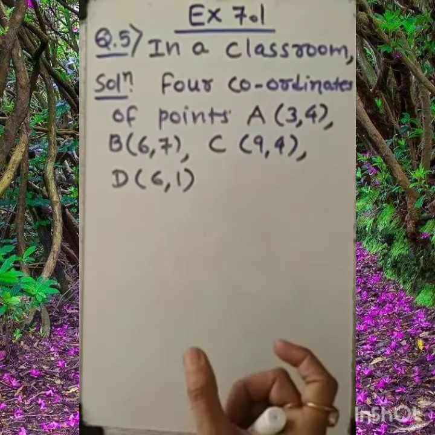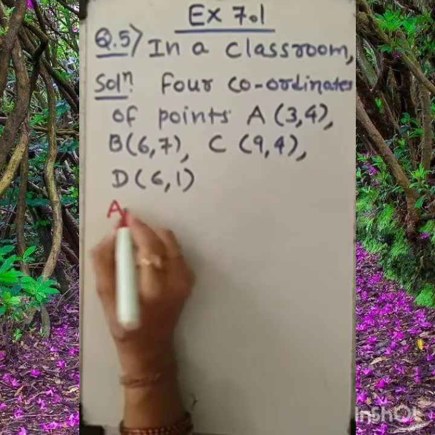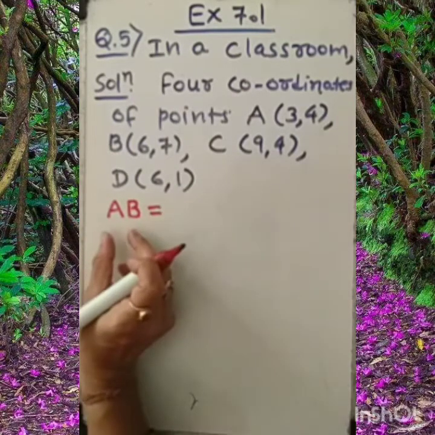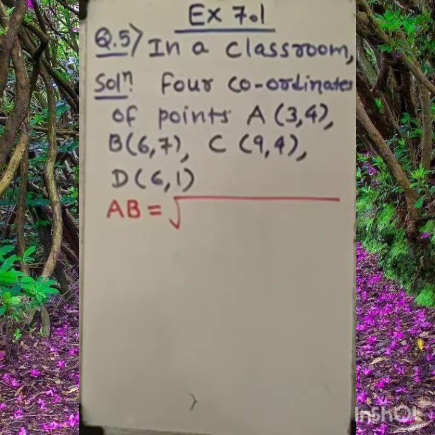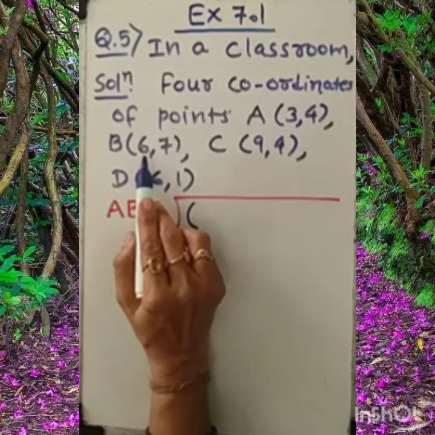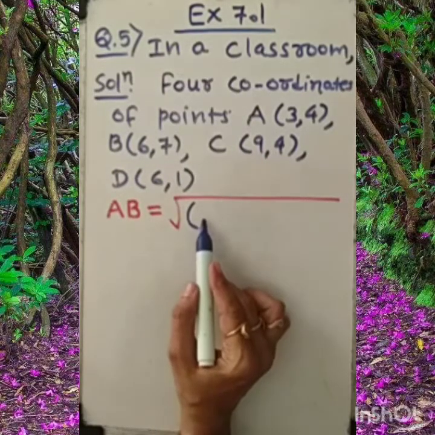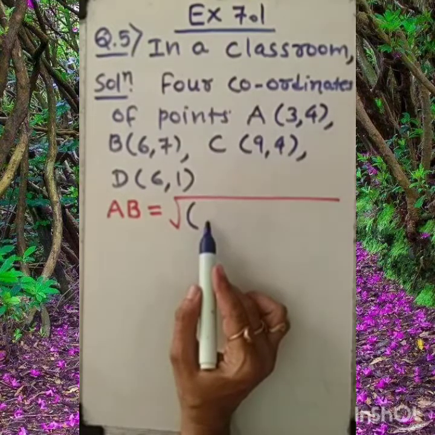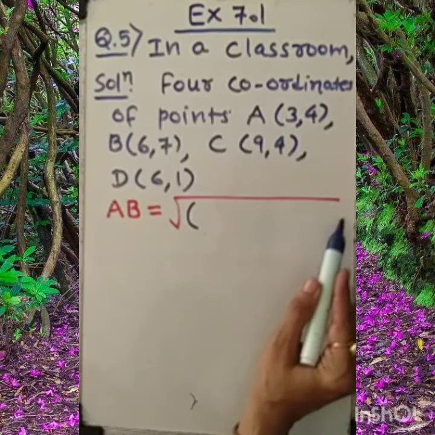Now let's work out finding each and every side of the given quadrilateral. First I am finding AB, the distance between A and B. I am going to apply the distance formula. Look at your screen. You will find it easy and interesting. Instead of writing the formula every time, you are now habitual enough to write it directly: square root of x2 minus x1 whole square plus y2 minus y1 whole square.